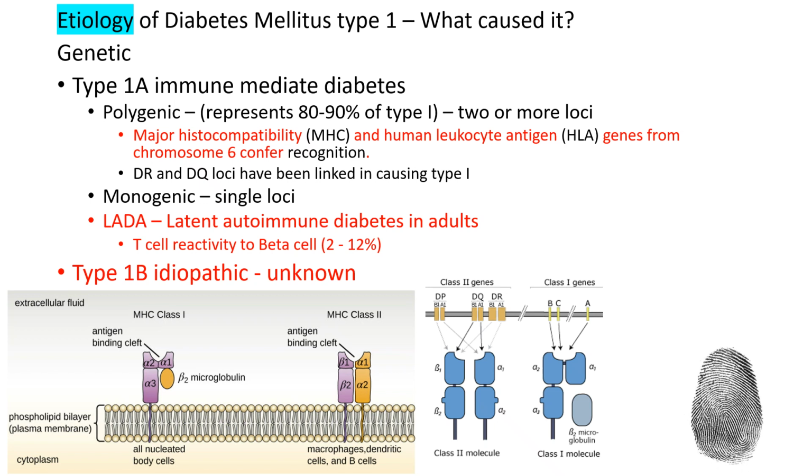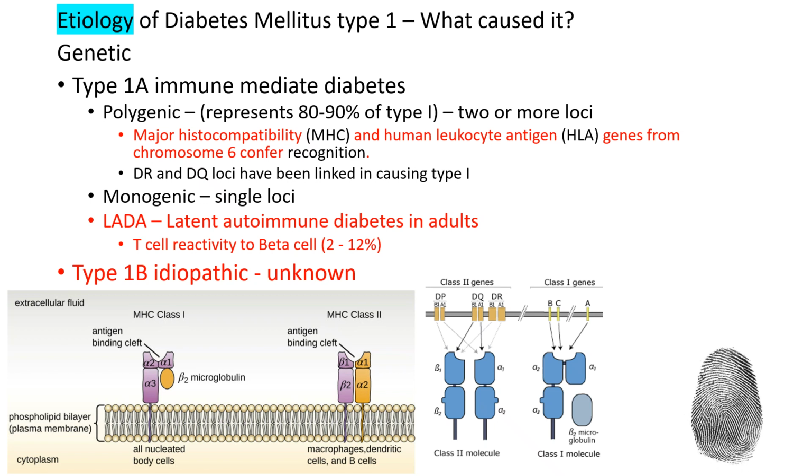So what are we talking about, location? If you look down to the bottom left picture, I have what is called the major histocompatibility complex. Remember, that is the actual fingerprint of the cell. So that's why I have a little fingerprint over there to the far right. So every cell in your body has this molecular fingerprint. And if something changes in that fingerprint, your immune system immediately identifies it as foreign, and your immune system is going to try to destroy it.